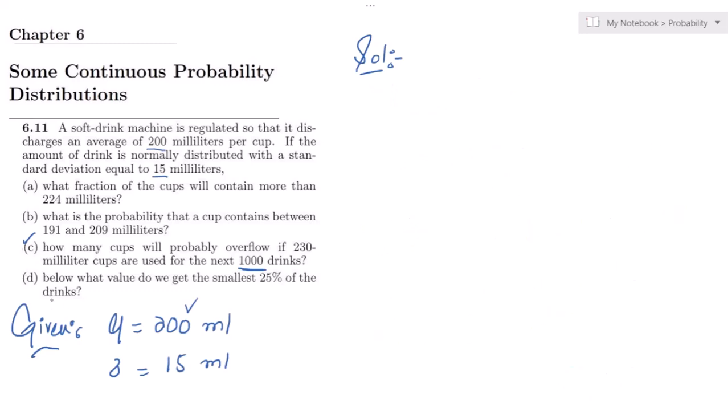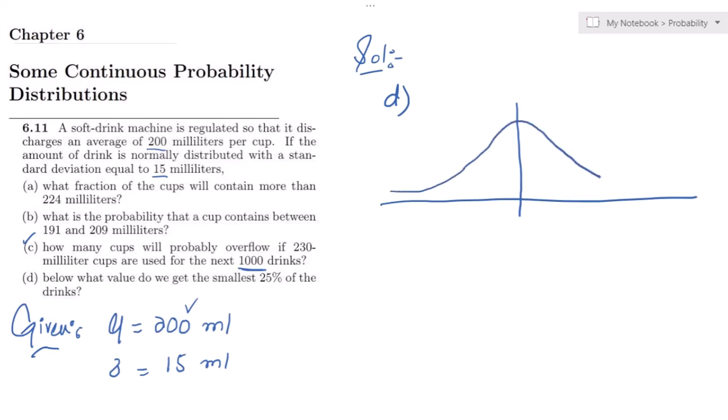In part D, we have to find below what value we get the smallest 25% of the drinks. Okay, so that is part D, let us find it. This is the distribution we have, and the mean value of it is 200, and the standard deviation it has is 15 milliliters.